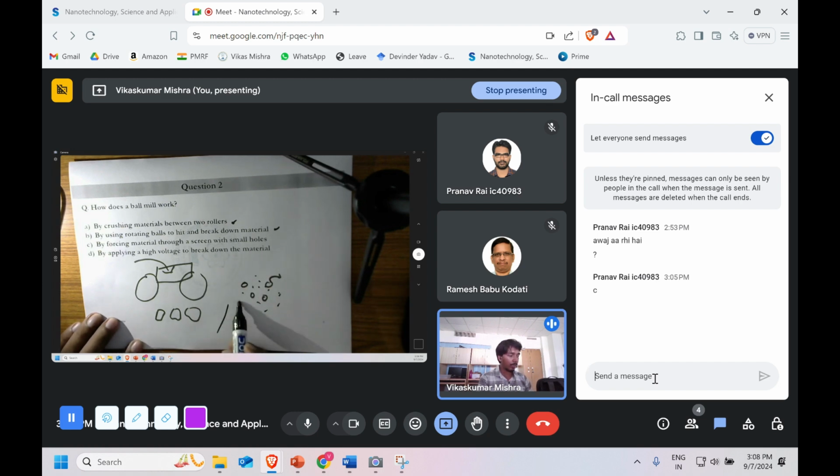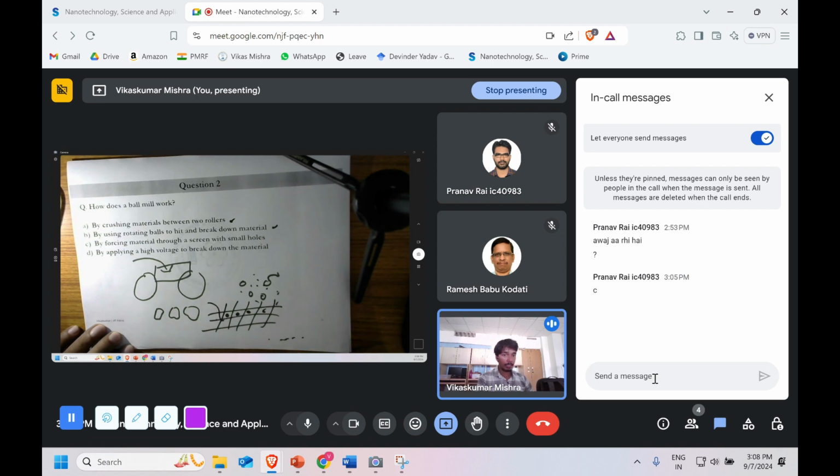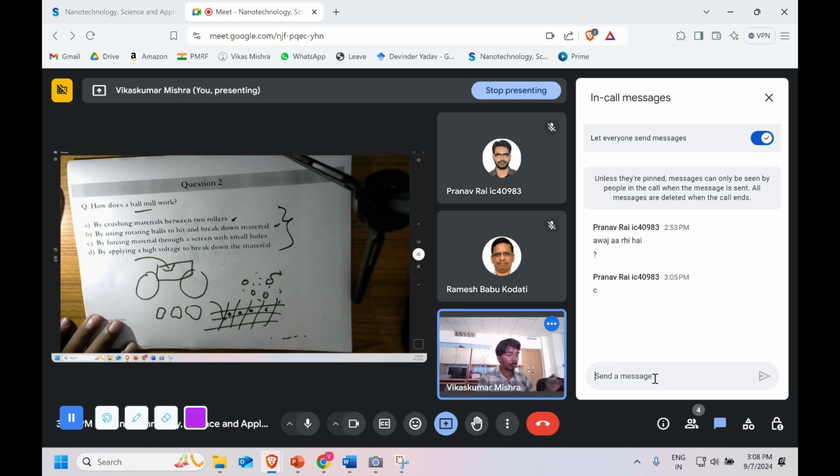They are telling that we have a net with some hole size, we put our powder on that net, and whatever smaller size we get, we take. Option D: by applying high voltage to break down the material. So what do you think? What is your opinion, among these, which one is the correct option for ball milling? A, B, C, or D?